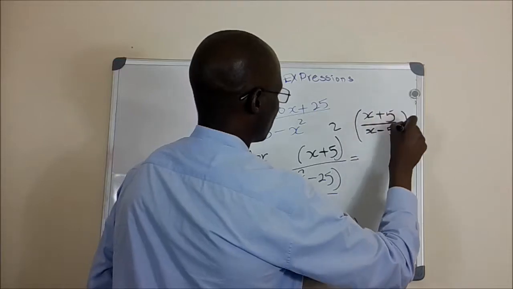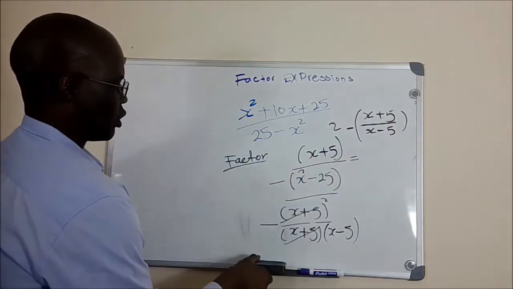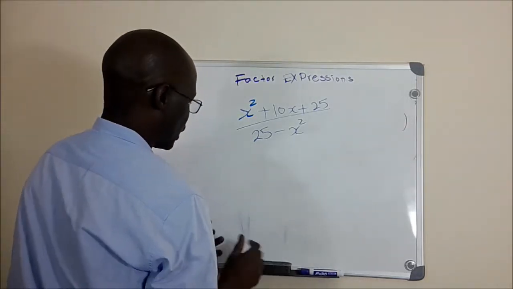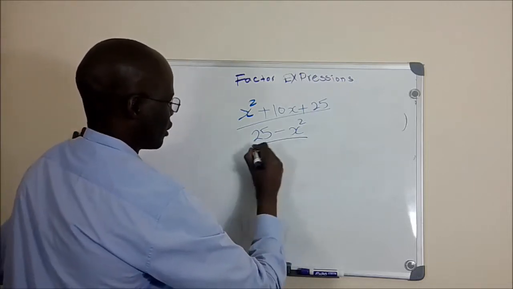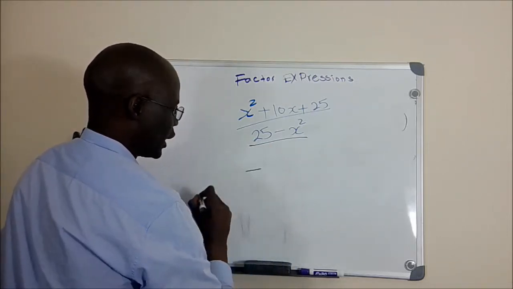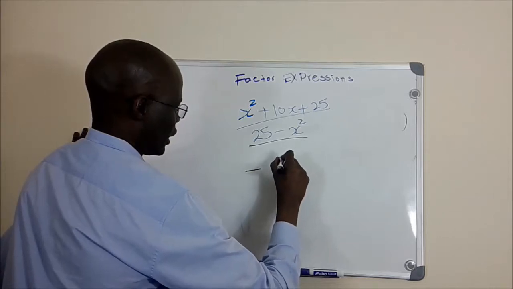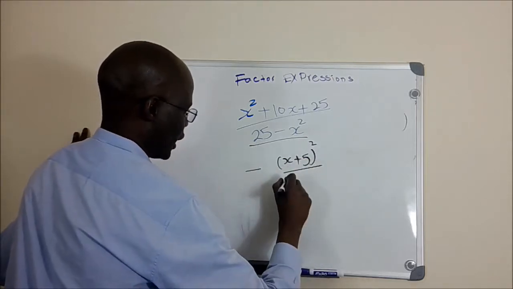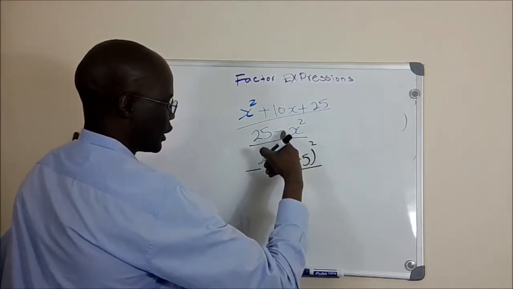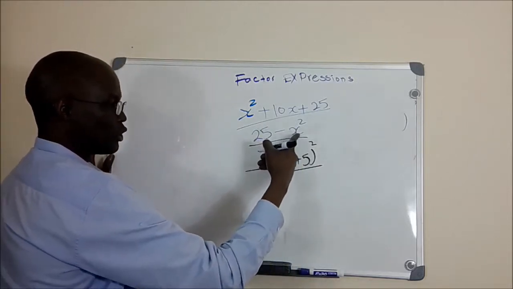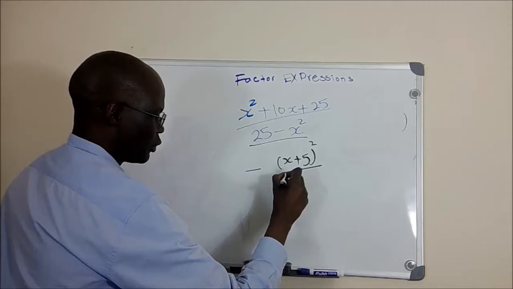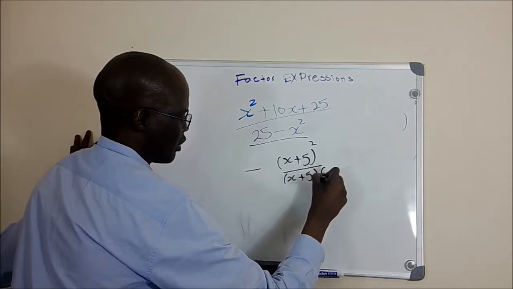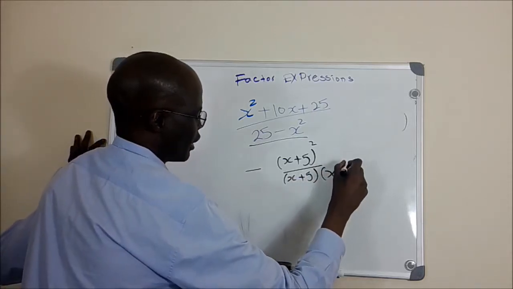And all this, it should show minus. So the way you solve it, you put it together. So it should be minus outside and x plus 5 and x, because you're going to take the minus outside, so this one is going to turn to be a positive, so you're going to have x plus 5, x minus 5.